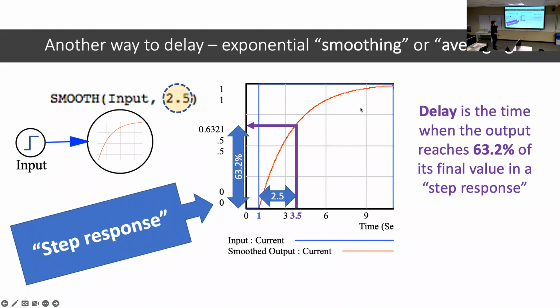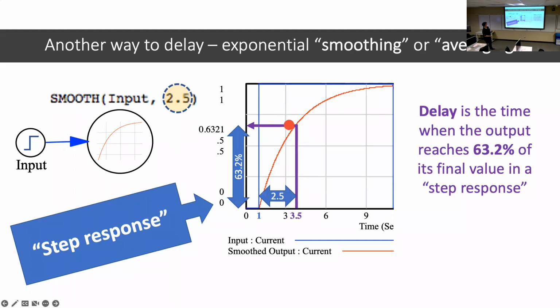And this goes back to our talk about time constants. If we give an input step, at what time point does the output reach 63.2% of the full scale of that step? In this case, it's 2.5 seconds.